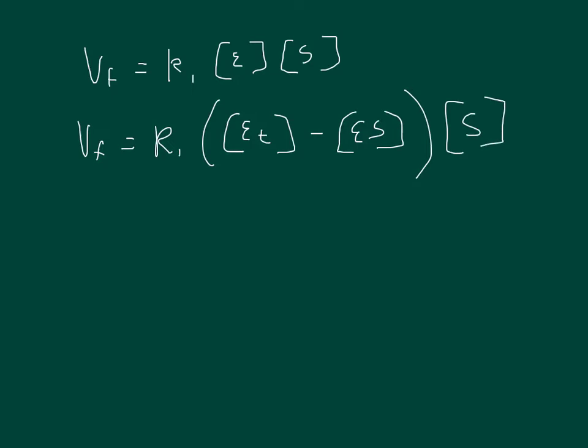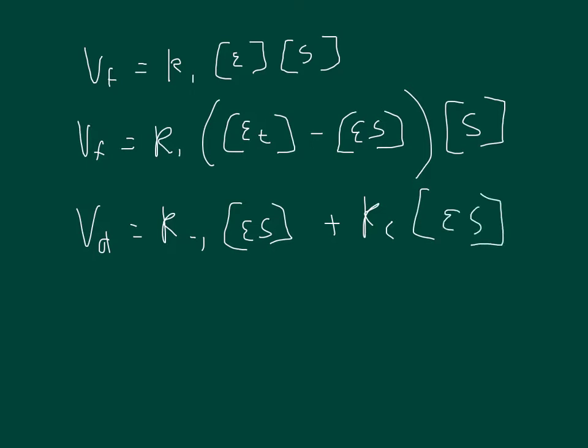And then we know that the velocity of disappearance of the enzyme-substrate complex is equal to k-1 times the enzyme-substrate complex plus, it can disappear two different ways, so plus k2 times the enzyme-substrate complex. And let me make that look more like a 2.